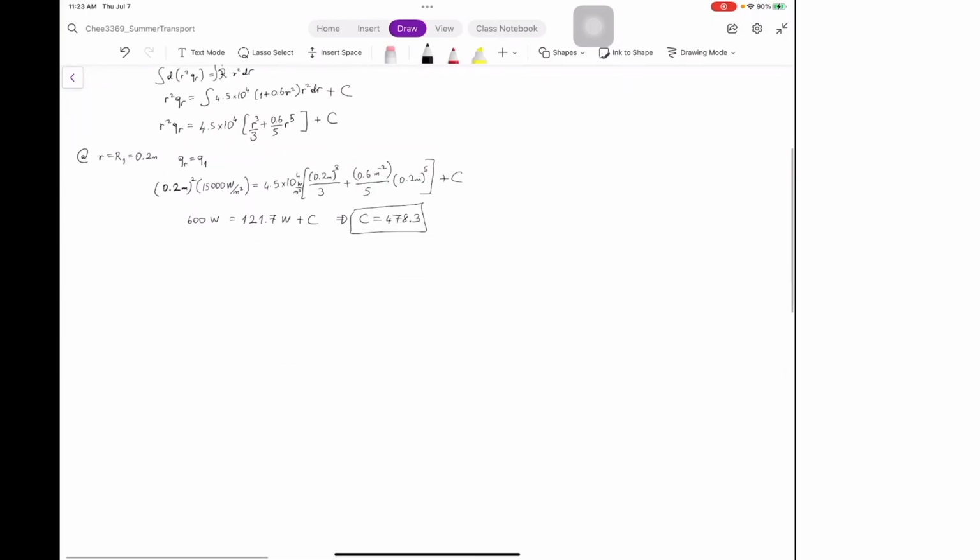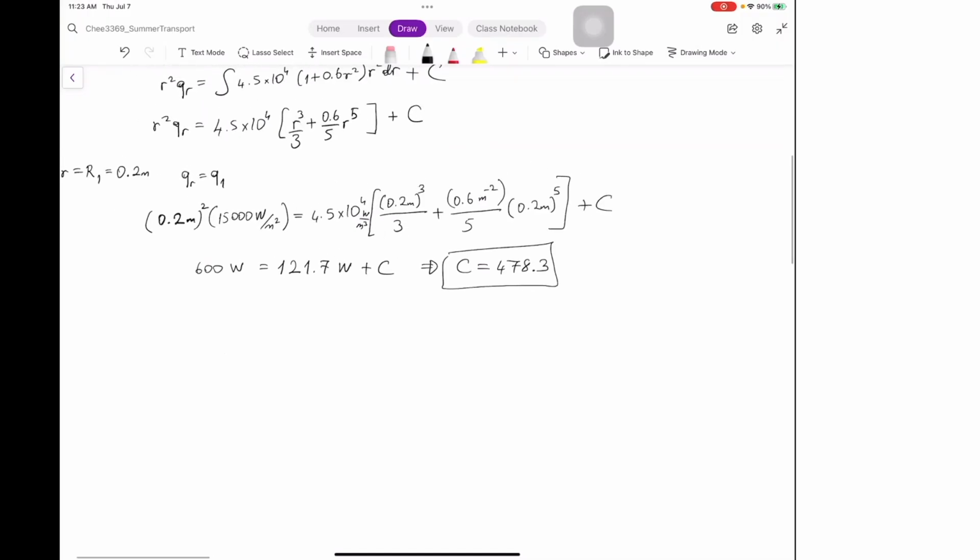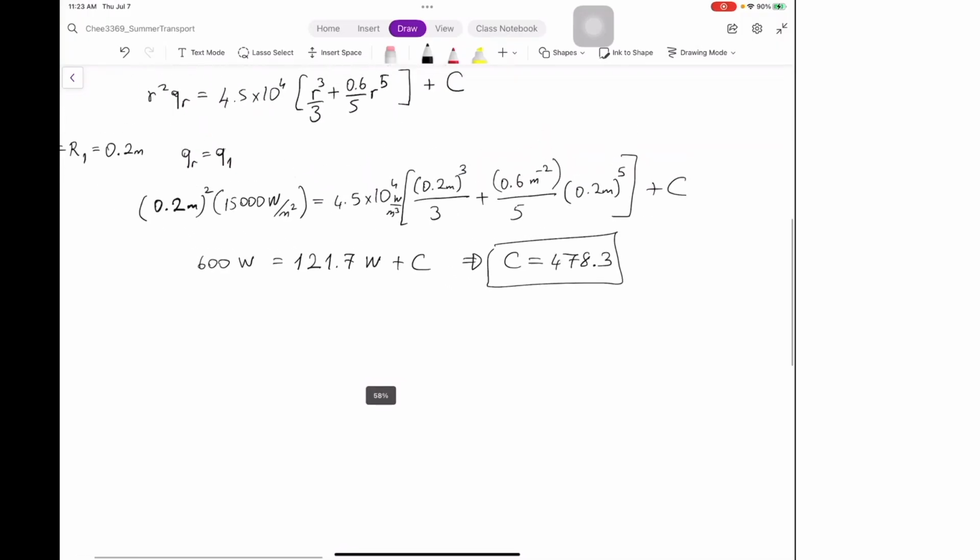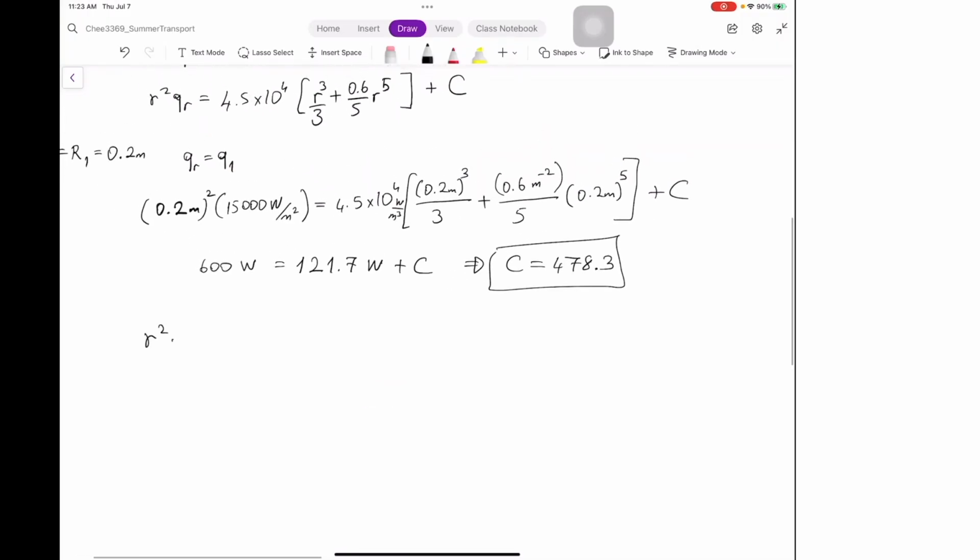Okay, so we have the R squared QR. So let's write it. R squared QR is equal to 4.5 times 10 to the 4 R cubed over 3 plus 0.6 over 5 R to the 5 plus 478.3.